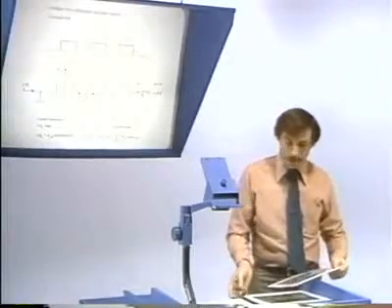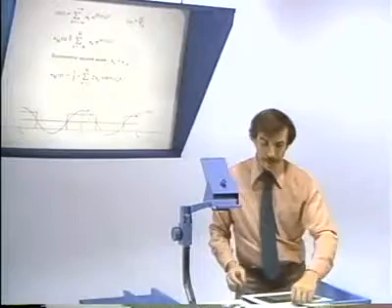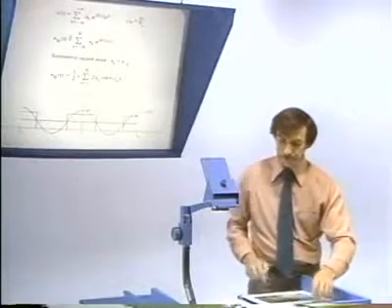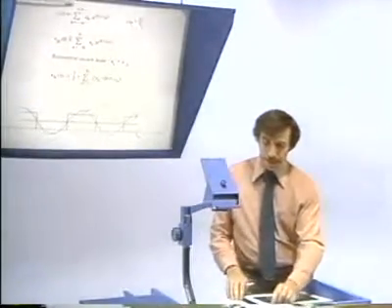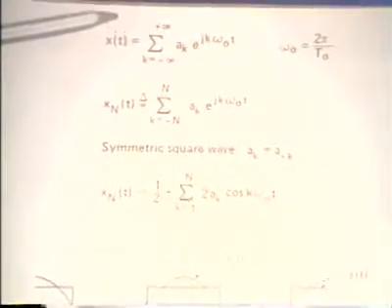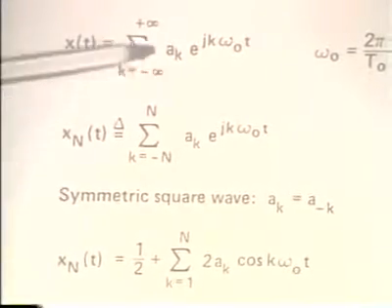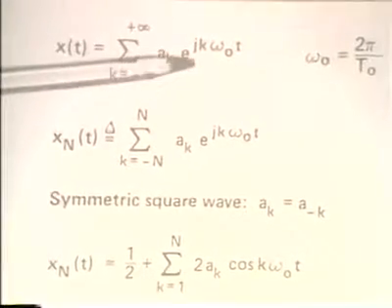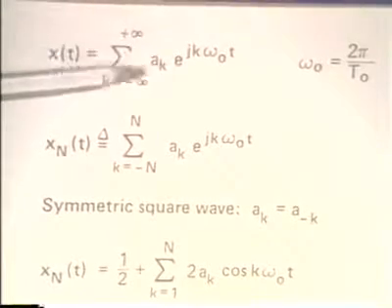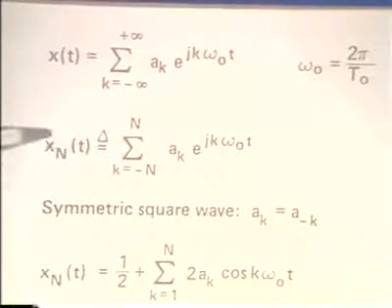And to do that, let's first define what I refer to as a partial sum. So here we have the expression which is the synthesis equation telling us how x of t could be represented as complex exponentials if it can be. And let's consider just a finite number of terms in this sum.